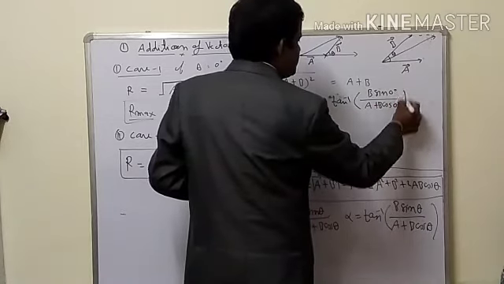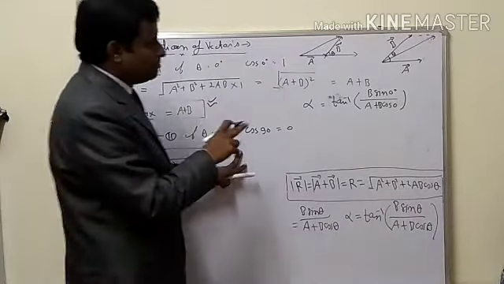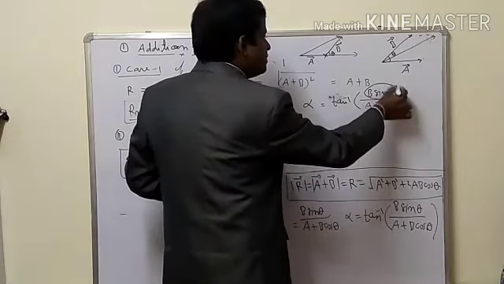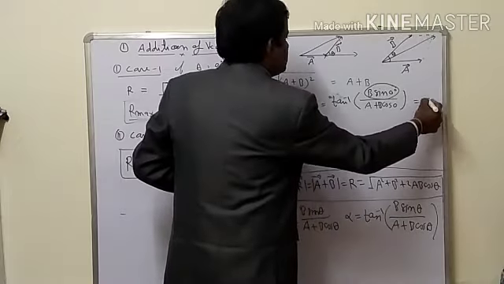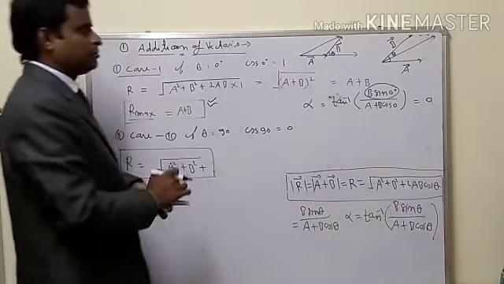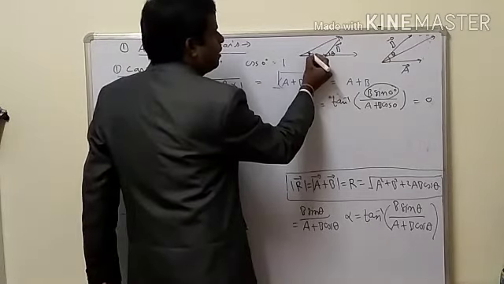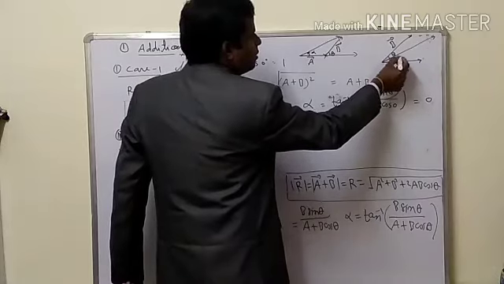See, you know that sine 0 is 0, cos 0 is 1. So if the numerator is 0, then the whole will become 0. So the direction in this case will become 0, means alpha will be 0. See, this was the alpha, it will become 0. And here it was alpha, this will also become 0.